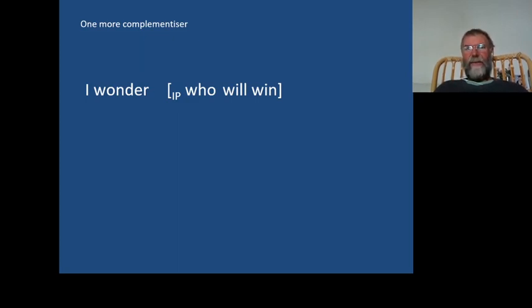Verbs like think, however, don't take interrogative complementizers. You can't say, I think who will win, or I said who will win, or I believe who will win. These kinds of verbs only take what are called declarative clauses. That's non-interrogative clauses, clauses that don't ask questions but make statements.